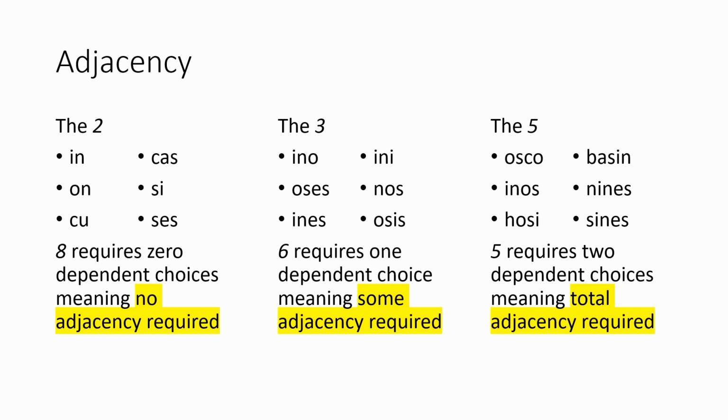So just to recap, this favors the 8 and the 6 just because they both have the ability to spread out their choices over the entire length of the word. And I'm not sure this actually favors the 8 more than it favors the 6. It's up in the air, but the point is that both are more favored than the 5 in this aspect.